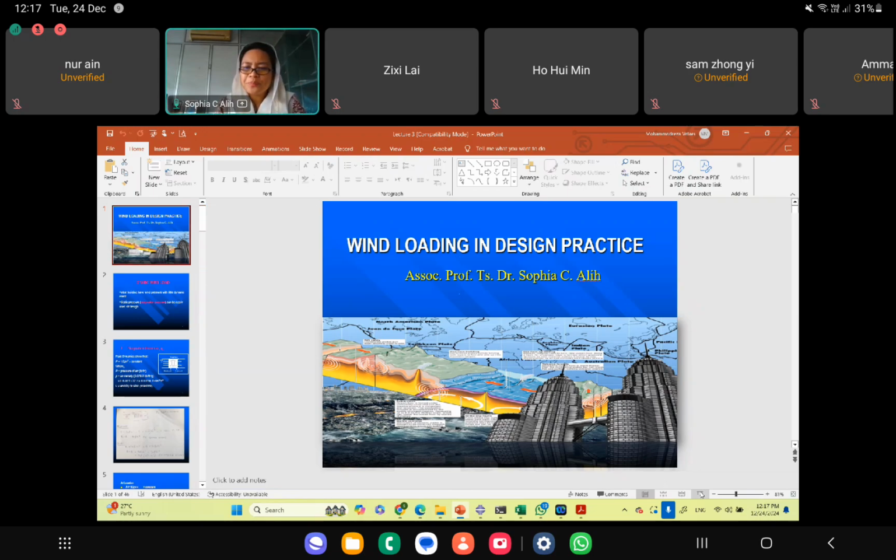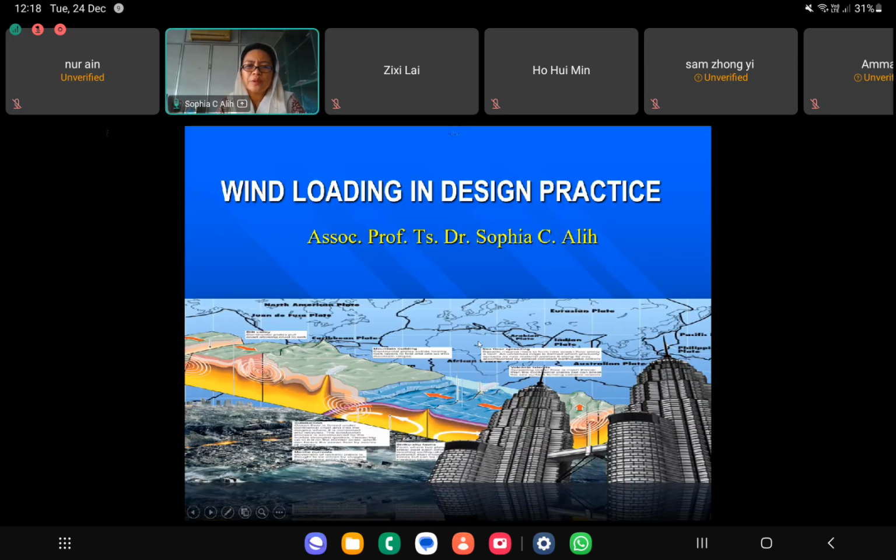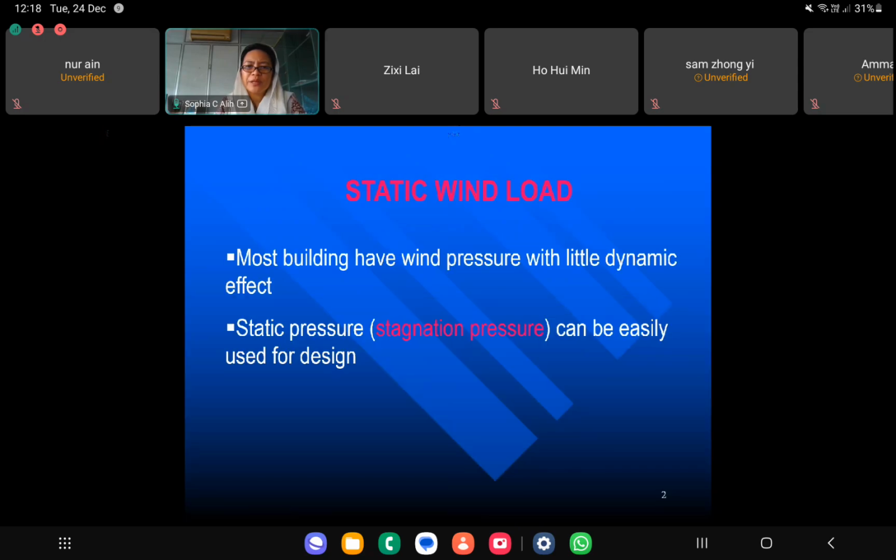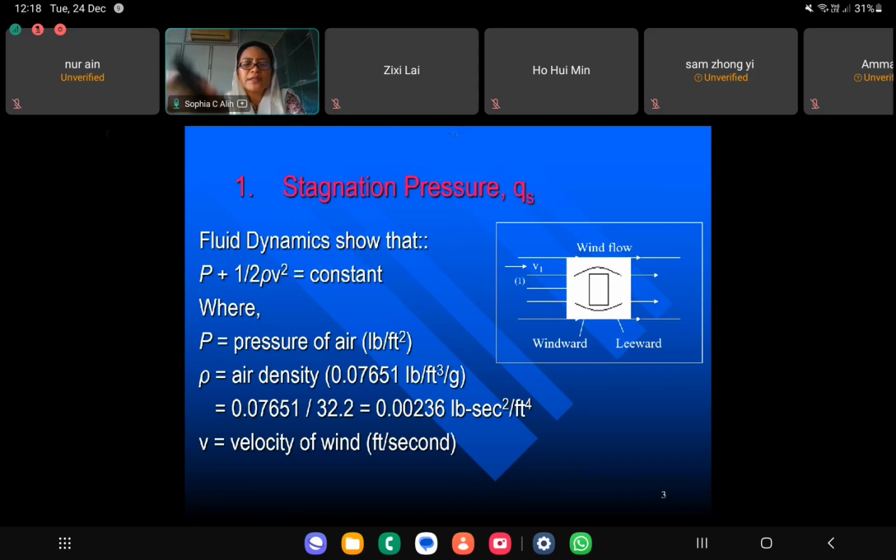When we're talking about wind loading in design practice, as I mentioned to you, most buildings have wind pressure with little dynamic effect. So basically, you can design it easily with static design. For the static design, it starts with the stagnation pressure, qs.